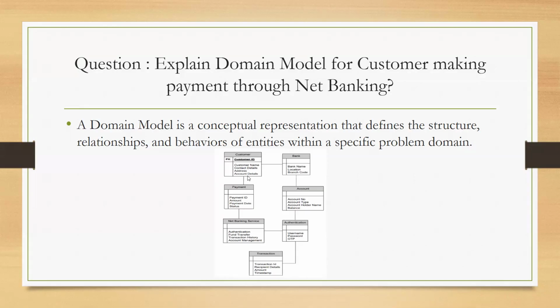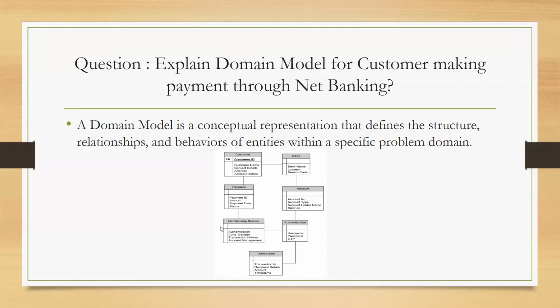Whenever you want to make a payment, you should be connected with a bank, so you should add those bank details. That is why the bank entity has been given a relation to payment. And whenever payment is initiated, we are implementing net banking, which has authentication, fund transfer, etc. as attributes. Similarly, whatever process is going on should be represented in a domain model. This is what you need to do.